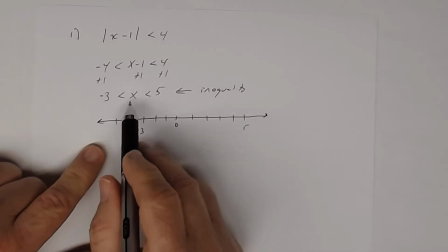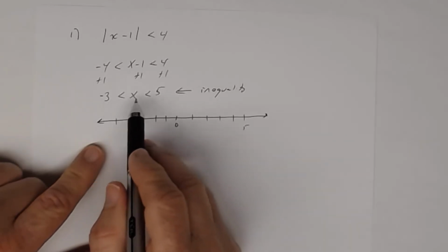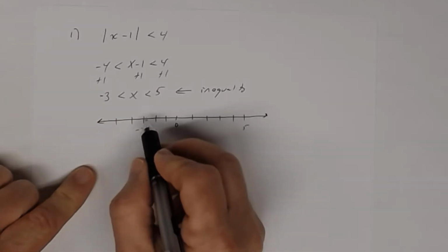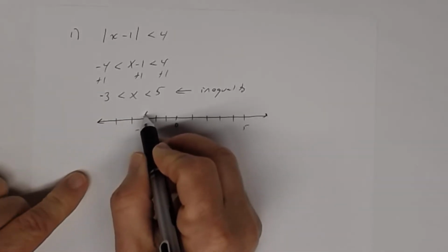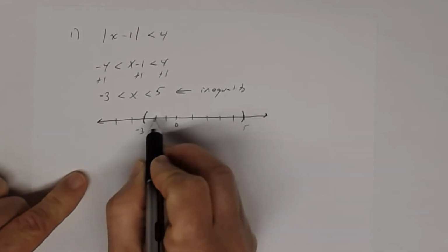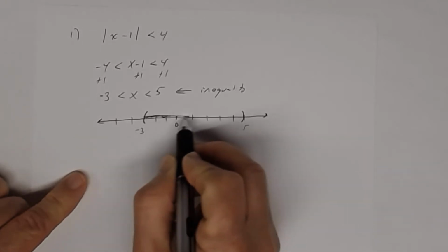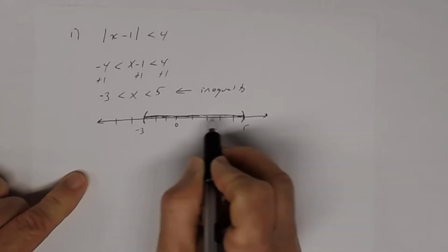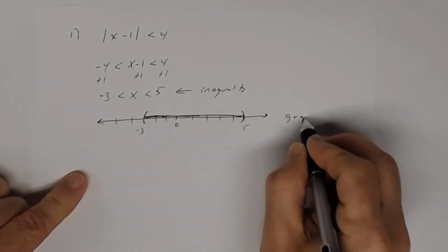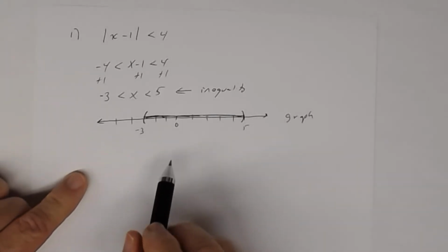And I want to shade all solutions, all numbers between -3 and 5. Remember, there's no equal sign, so you're going to use parentheses. On -3, you'll put a parenthesis. On 5, you're going to put a parenthesis. And you shade it in. So that's the graph of your solution set.